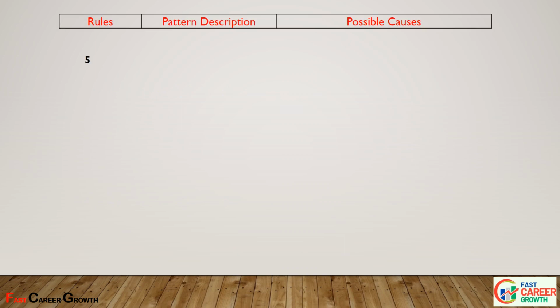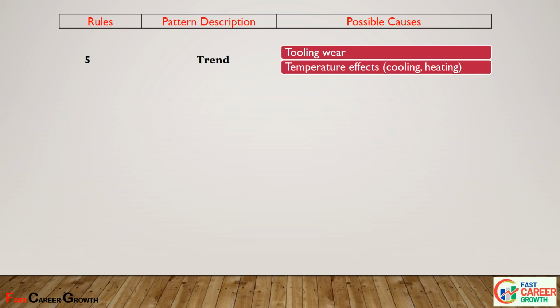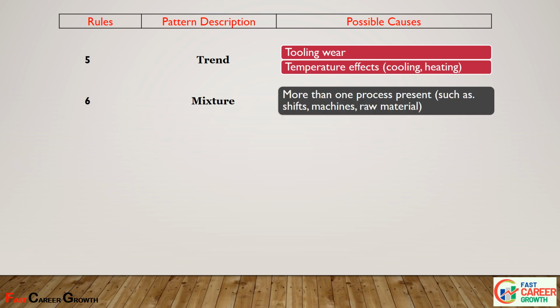Next, rule 5 describes trend, and the possible causes are: tooling wear, temperature effects, cooling, heating. Rule 6 describes mixture, and the possible causes are: more than one process present, such as shifts, machines, raw material.